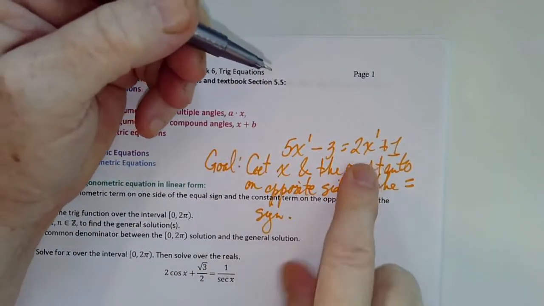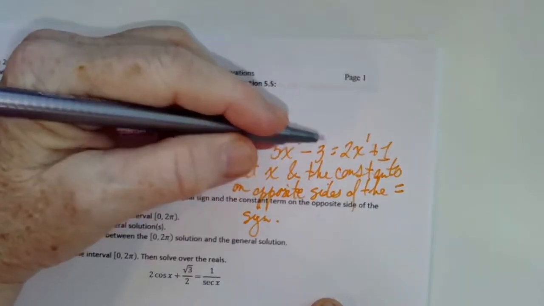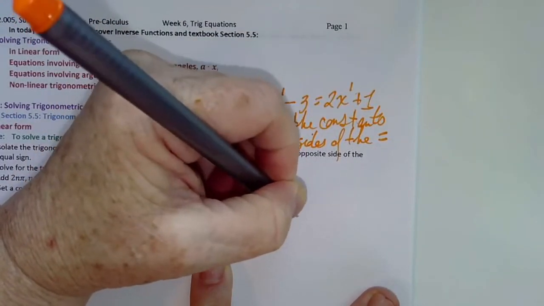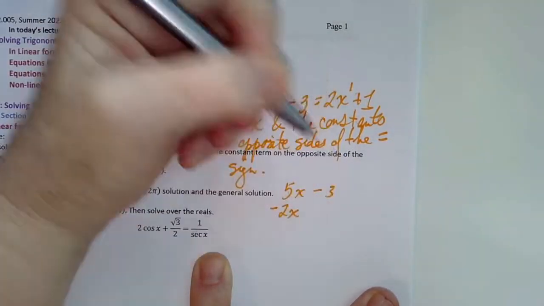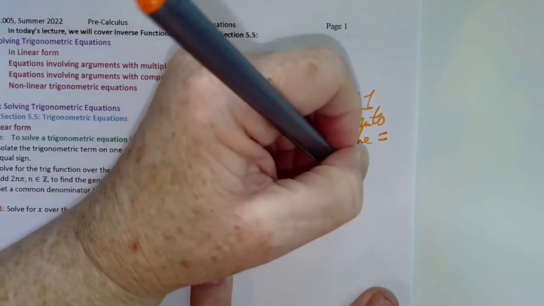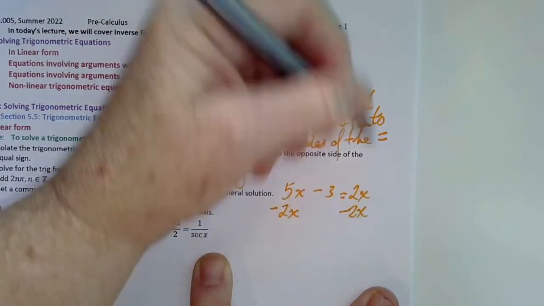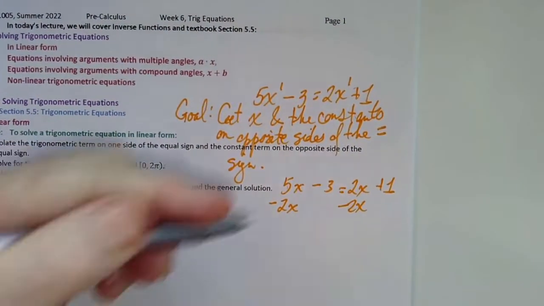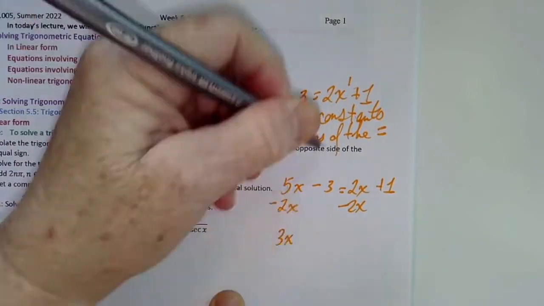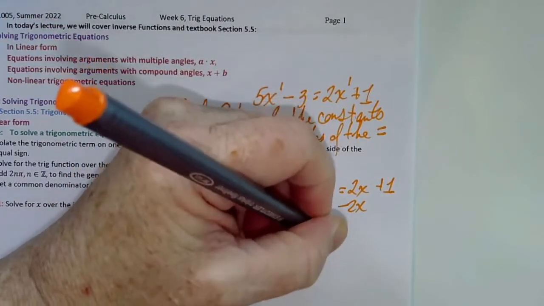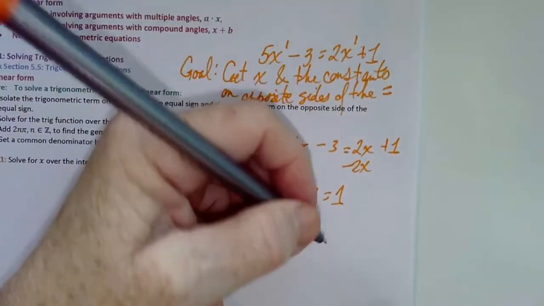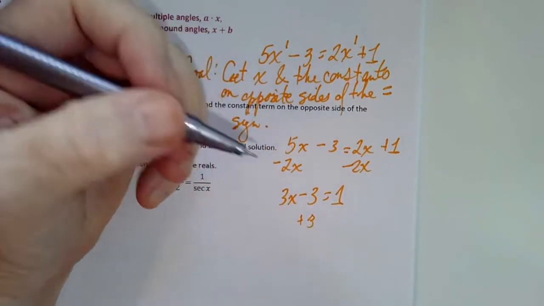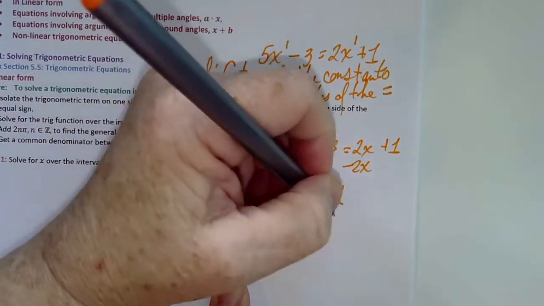Well, in this case, I could subtract 2x from both sides. That would give me 5x minus 2x, and we still have minus 3 equals 2x minus 2x plus 1. 5x minus 2x is 3x minus 3 equals 1. And then we can add 3 to get the constant terms on the opposite side of the x terms.